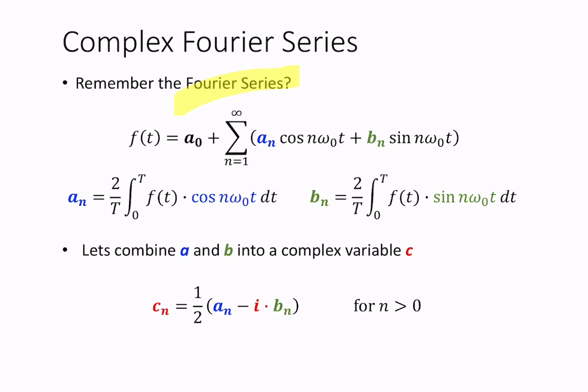Okay, so if you just think of the A's and the B's being combined into a single complex variable, so something that looks like this. So you've got your A and your B, and that's your C, or let's call it 2C.